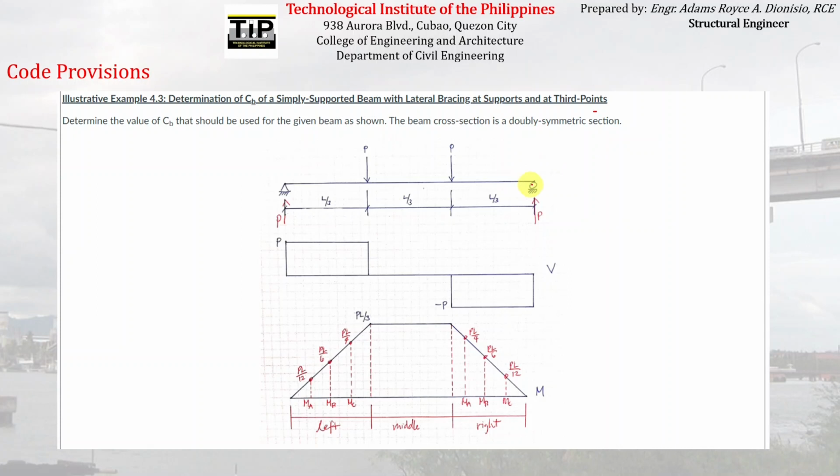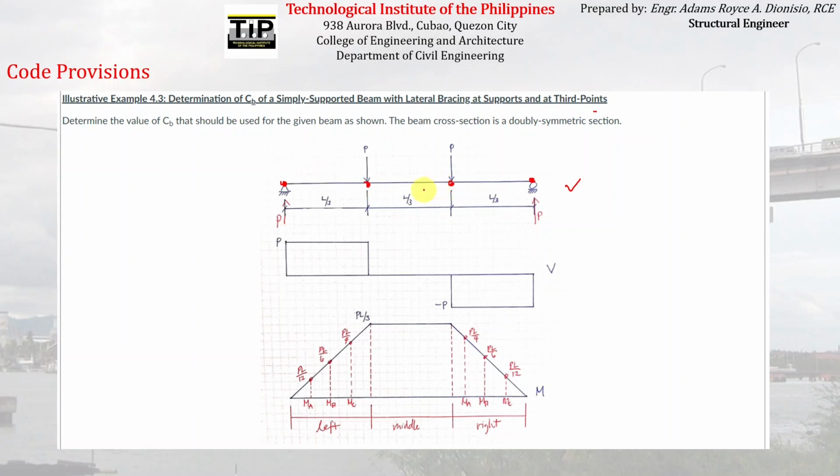Okay, so this is the simply supported beam, and as mentioned in the problem, the beam is laterally supported at supports and then at every third point. So meaning it has a lateral support on this point and on this point, and then at every third point, which are here and here.